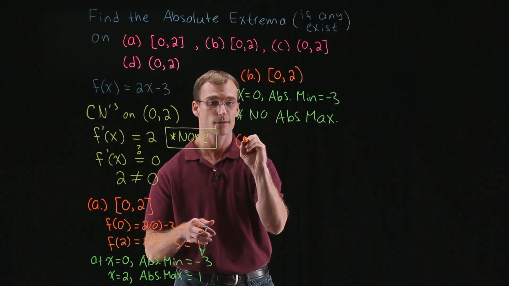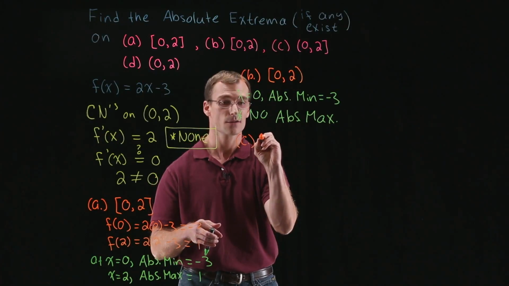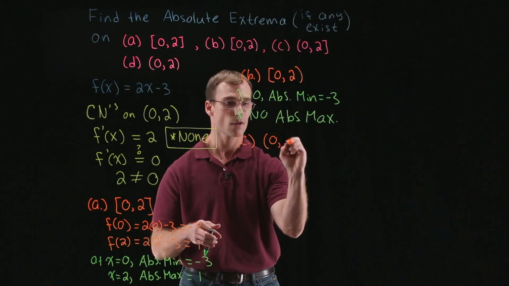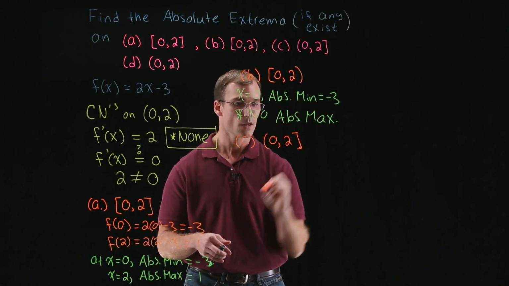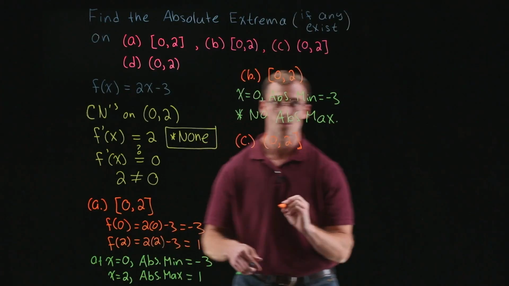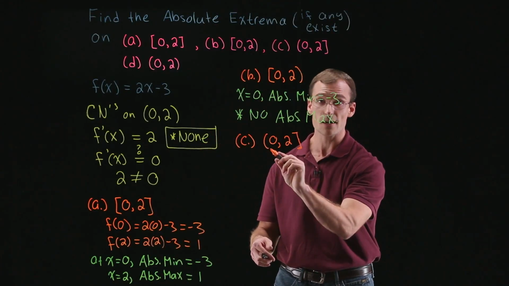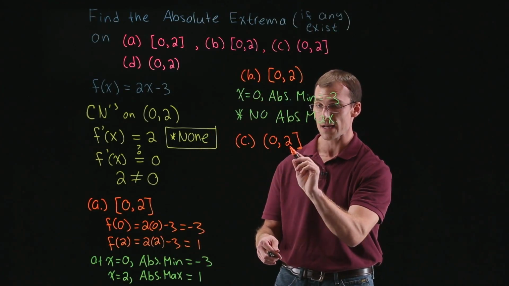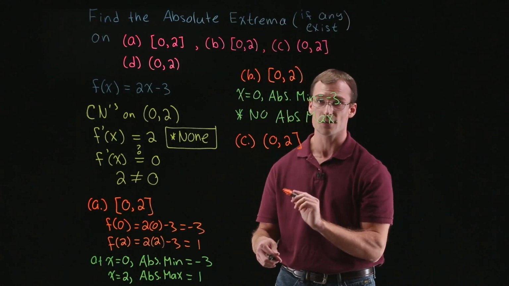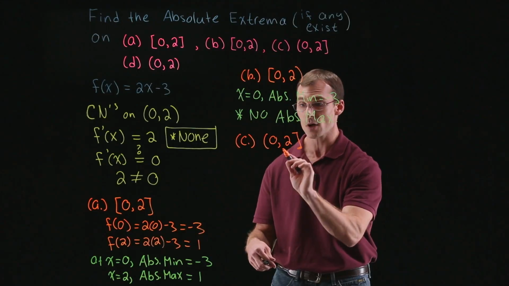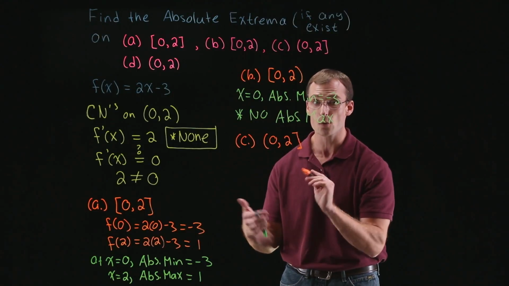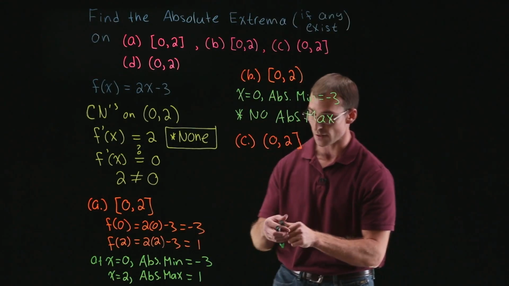Okay, and let's look at part C, the interval where we're open at 0 and closed at 2. By the same argument as part B, we're not including 0. So I can take x values as close as I want to 0, but never equal to 0, which means I can get y values smaller and smaller, but no one y value that's smaller than everything else.